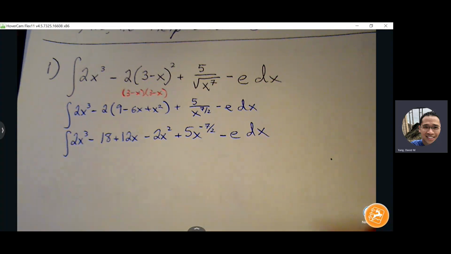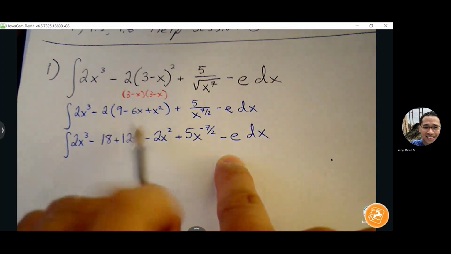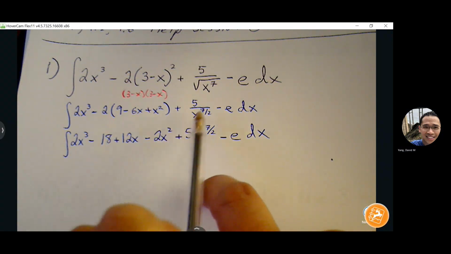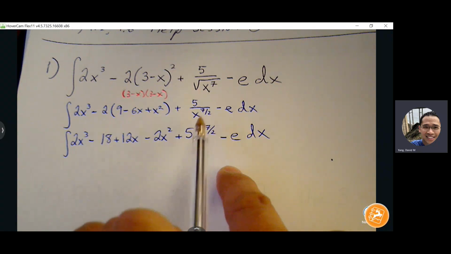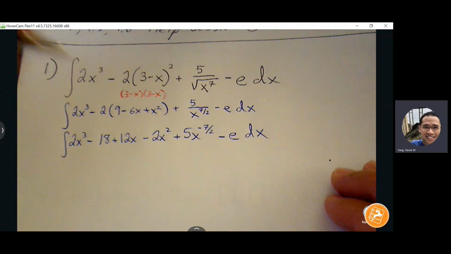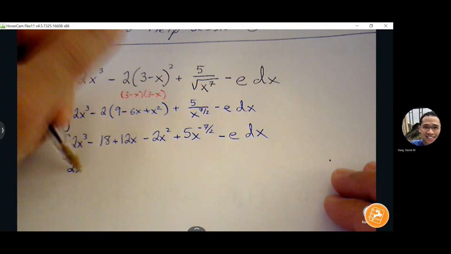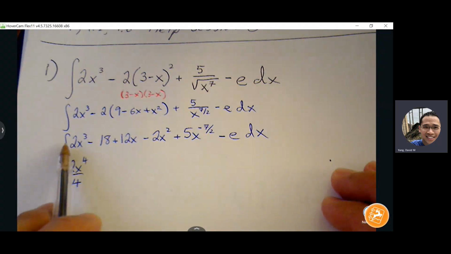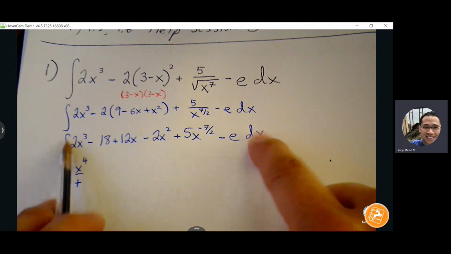Okay, power rule for each term. Looks like everything is ready, right? My parentheses are resolved. Radical taken care of. Denominator bottom to the top. So now I can do power rule for each term. As soon as I apply power rule, my integral and dx notations can drop out.